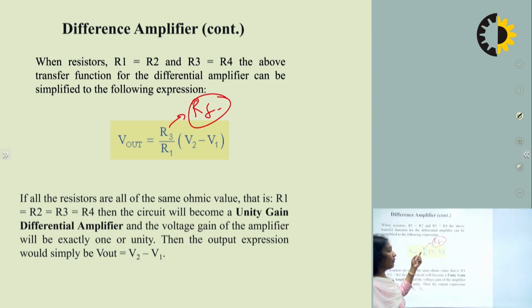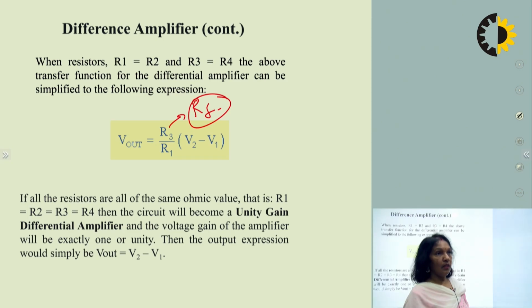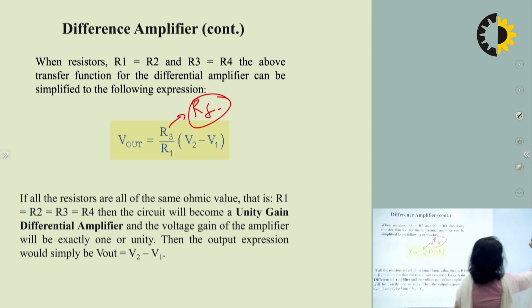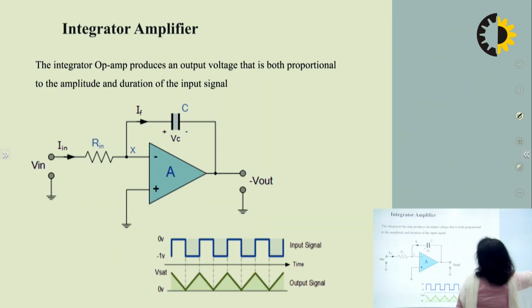So RF by R1 times V2 minus V1. This is how we can get the output of the difference amplifier. Any kind of circuit can be easily solved by using this equation.